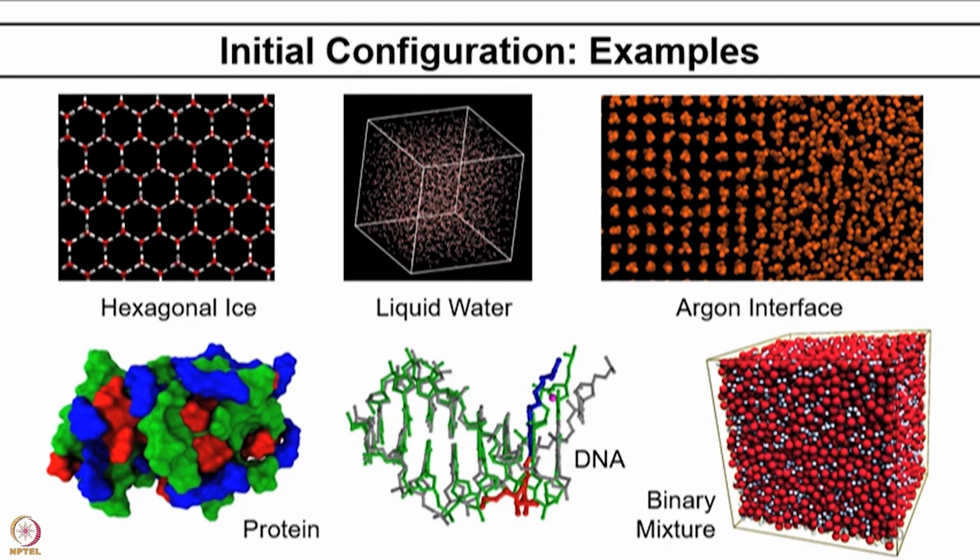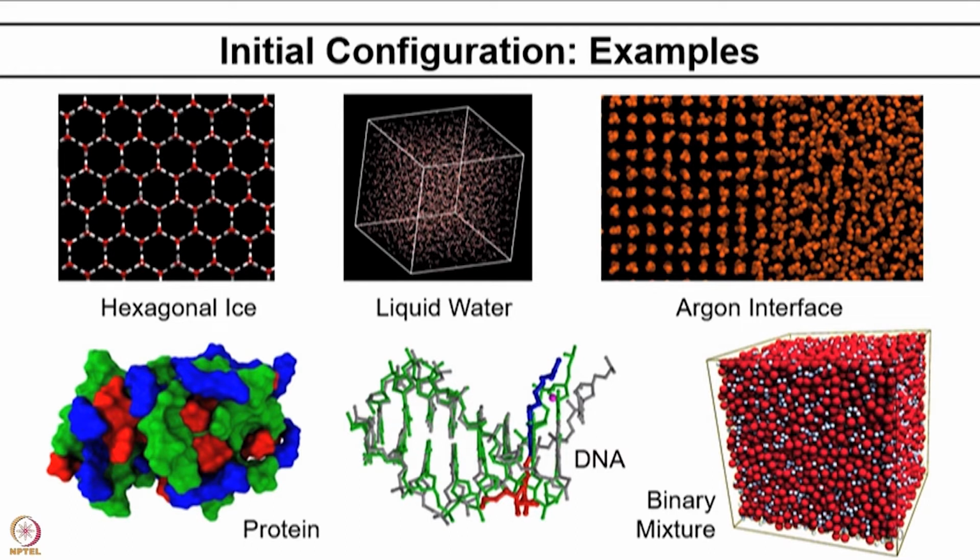Similarly, if you want to consider a protein, then you start with the Protein Data Bank, which gives me a configuration of all the amino acids. I take the X-ray crystal structure from the Protein Data Bank, which has all the positions and coordinates of atoms and molecules. Then if I want to study it in water, I dip it in water and run again for a long time so that I get an equilibrated structure.